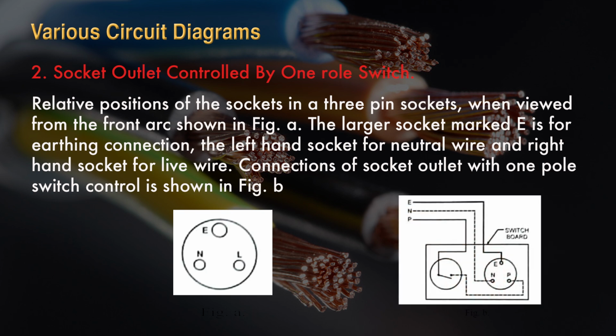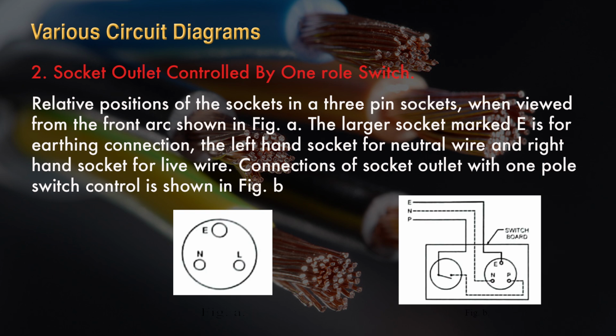Now here you can see in figure B that there is one socket which has 3 terminals, earth, phase and neutral, and there is another switch shown on the left-hand side. Here you can see that the phase wire is going through the switch, the earth terminal of the socket is connected to the earth wire, and neutral is connected to the neutral wire of that particular socket.